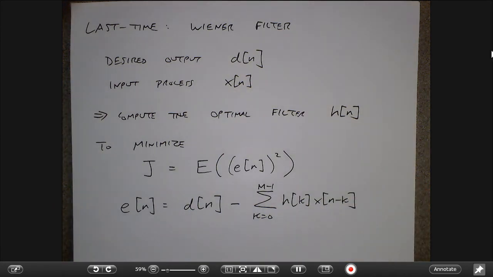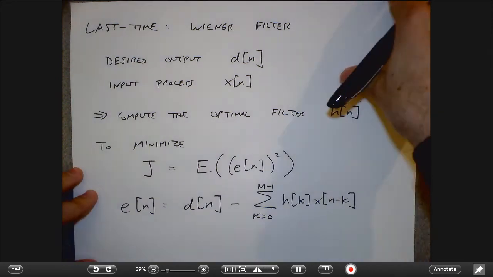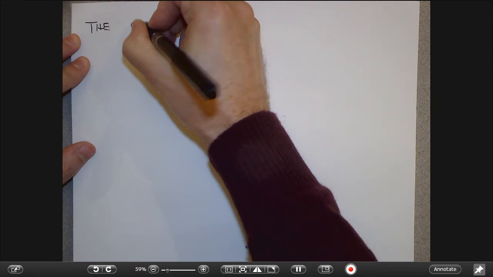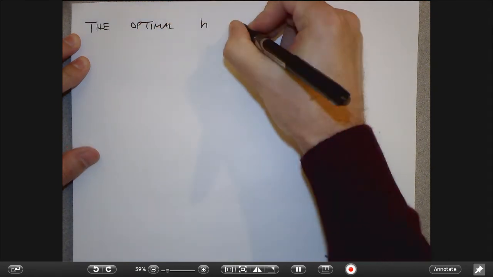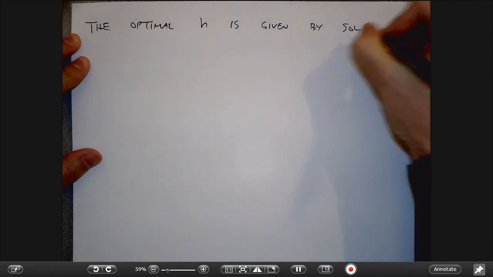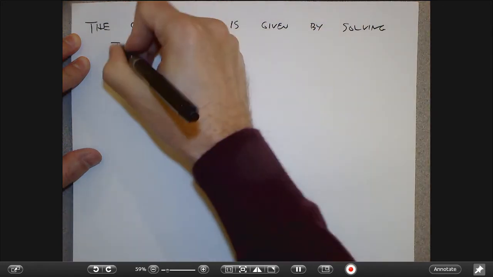And we showed that we could analytically, that is explicitly, figure out the minimum by solving what were called the Wiener-Hopf equations. This is all still review. The optimal h is given by solving the Wiener-Hopf equations.